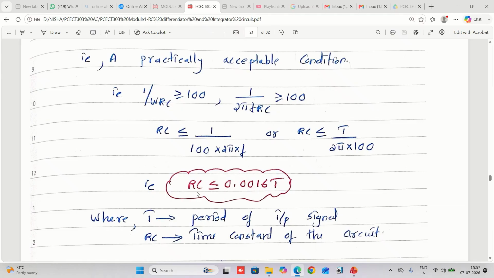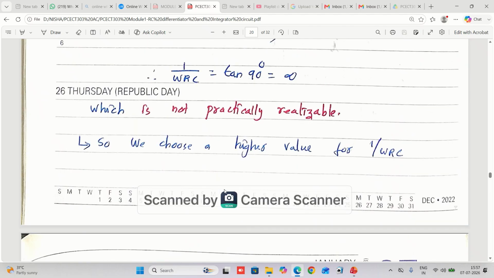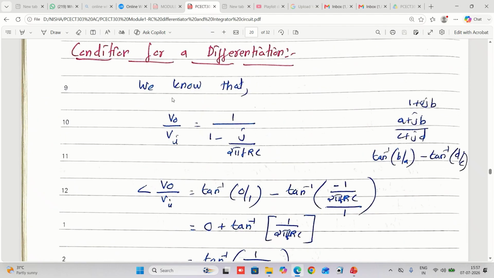How do we get this expression? Let us analyze. We already analyzed the magnitude part: V0 by Vin, for the case of the high pass filter, equals 1 divided by 1 minus j 1 by 2 pi f RC, and then the phase angle. If the expression is a complex number, we already know the expression for the phase angle calculation.